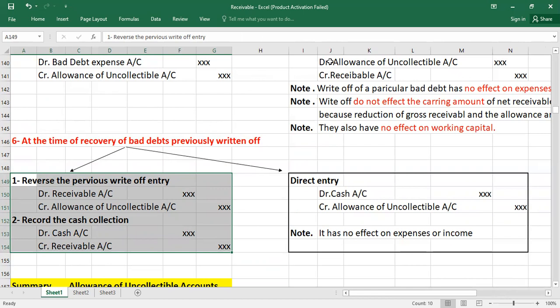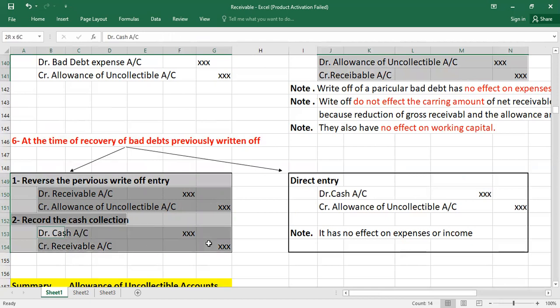Previously you made the entry debit allowance, credit receivable. First reverse this entry, so the entry will be debit receivables and credit allowance for uncollectible accounts. And the second entry, record the cash collection. For the normal cash collection you will pass the entry debit cash and credit receivables.